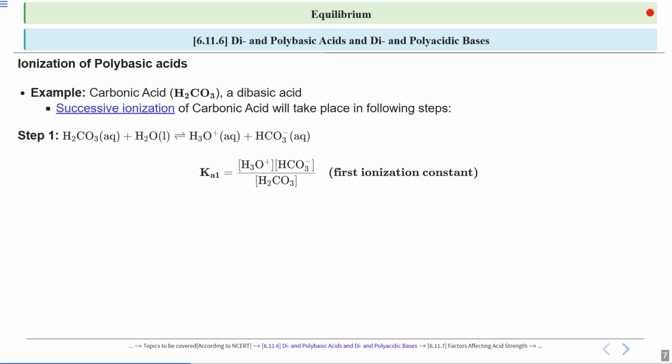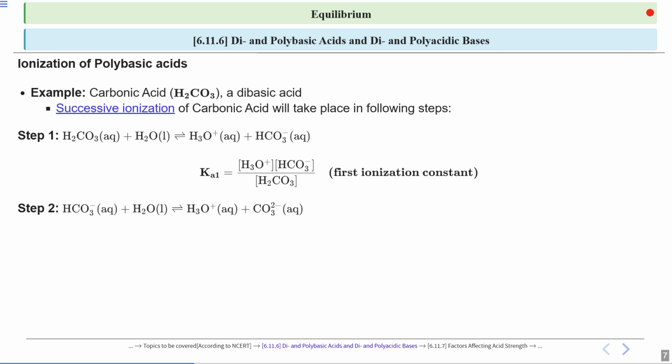But we are left with one more hydrogen that can be ionized in the case of HCO3-. So in the next step, we will do that. We will again react our HCO3- with H2O, and that will result in the removal of the second proton as well. As a result, we will get H3O+ again in the product along with the carbonate ion, which is CO3 2-.